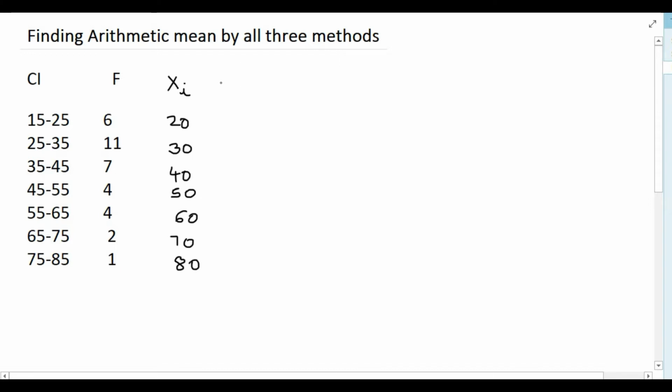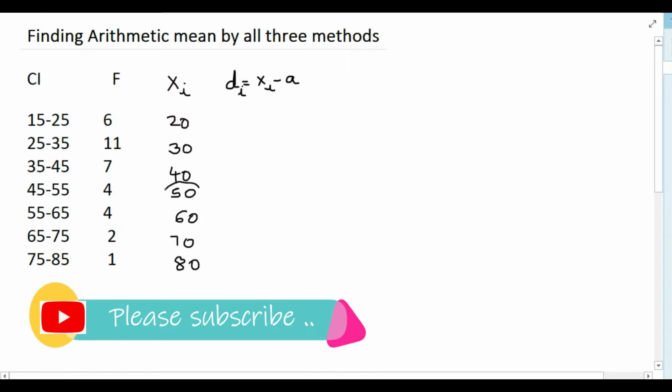Now, next we will find out di. Di is deviation, that is xi minus a. So here I am going to take the assumed mean as 50.